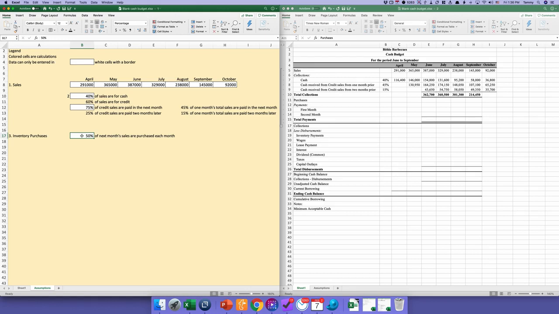Then let's leave a blank line just so we don't screw ourselves up, because this tells us how much we need to buy, just like up here. This tells us how much we're selling, and then we skip a line to go into the timing of payment of purchases.